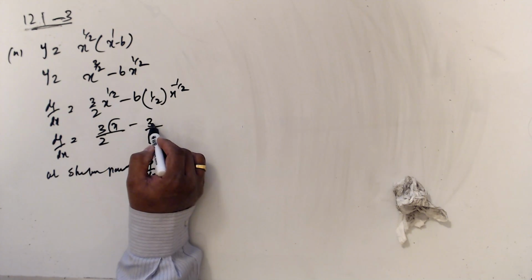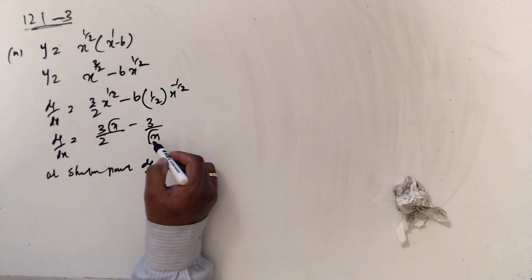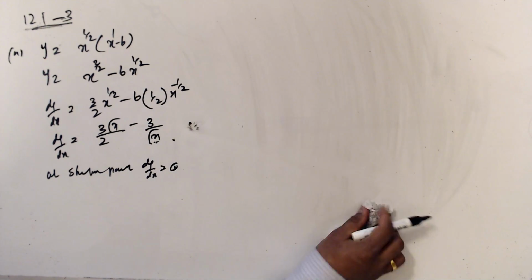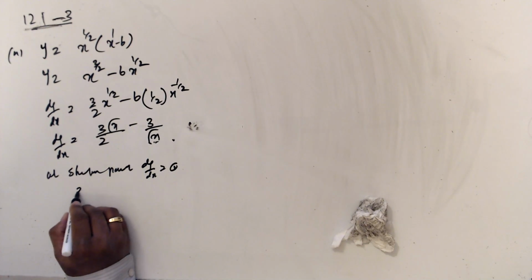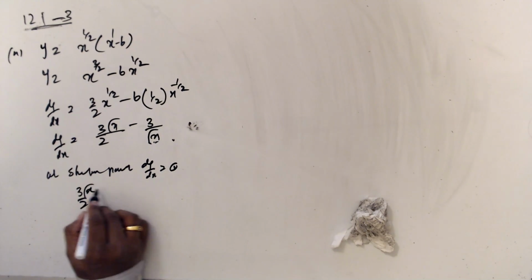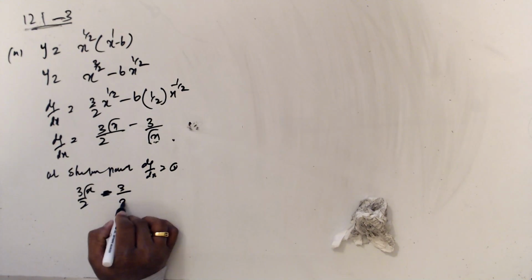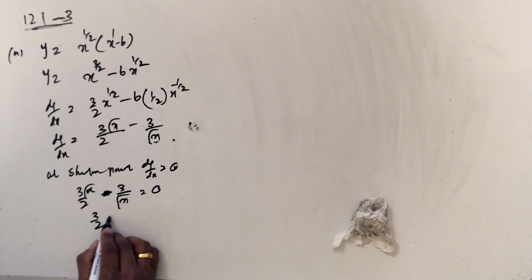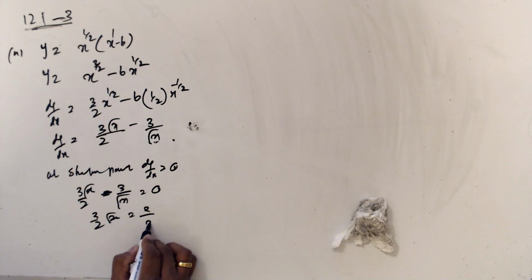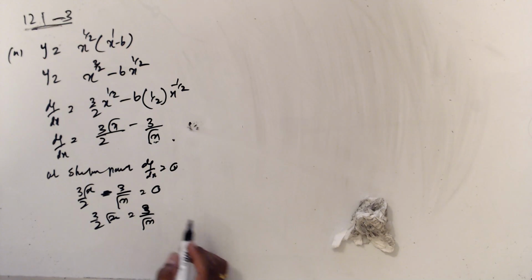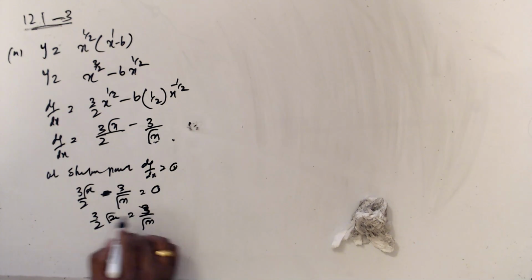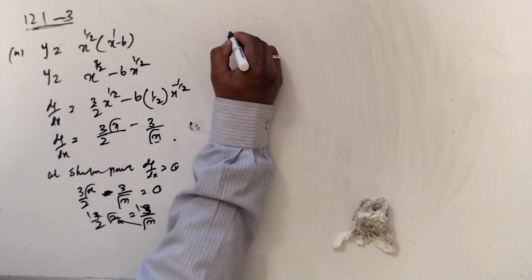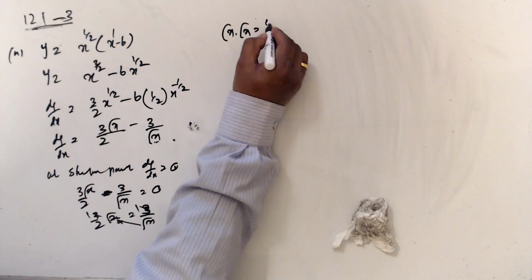So 3 over 2 square root x equals 3 over square root x. I can see the 3s cancel out here.